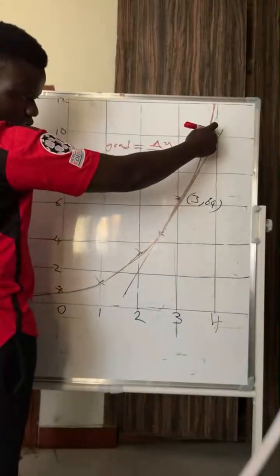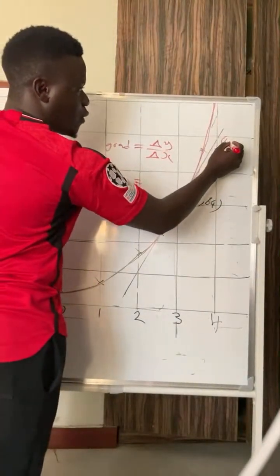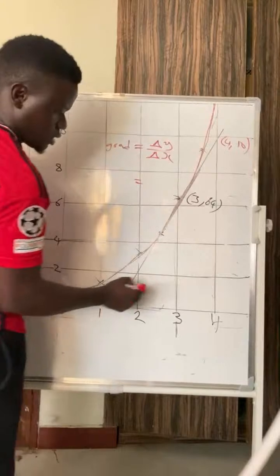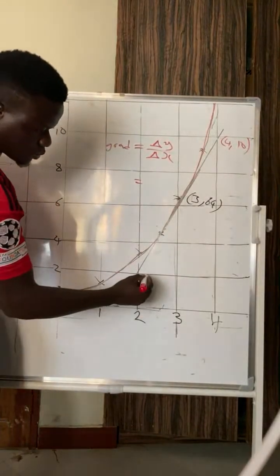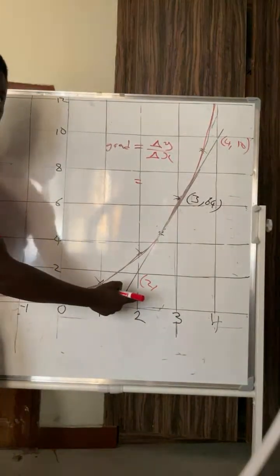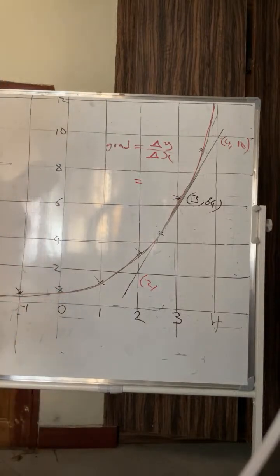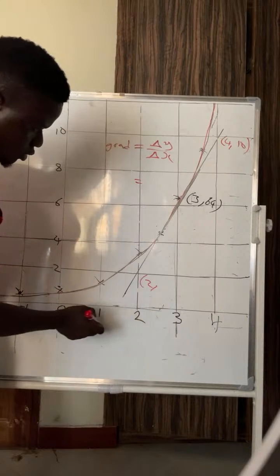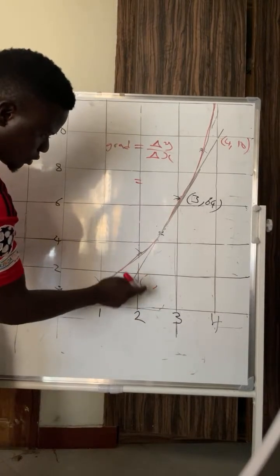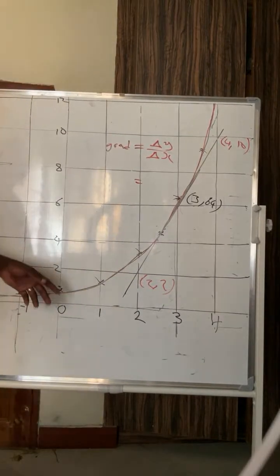We can get a point 4, 10. Then here we can just assume 2, 2 because of accuracy.